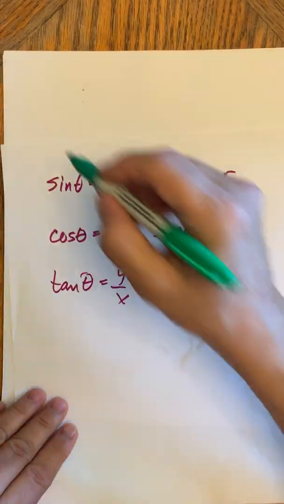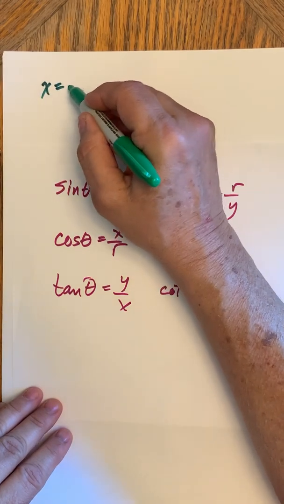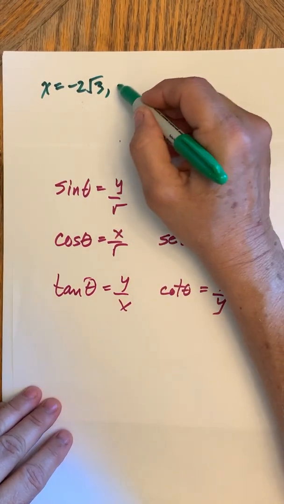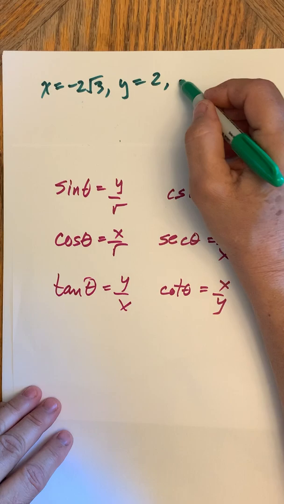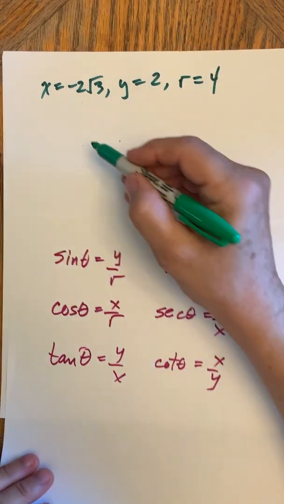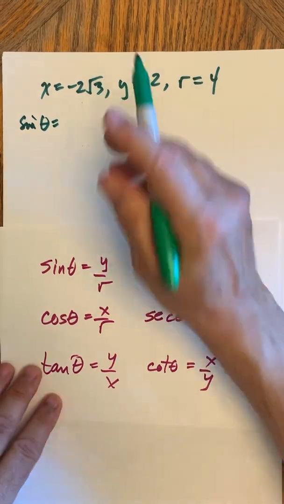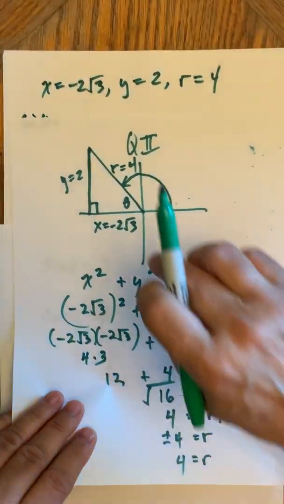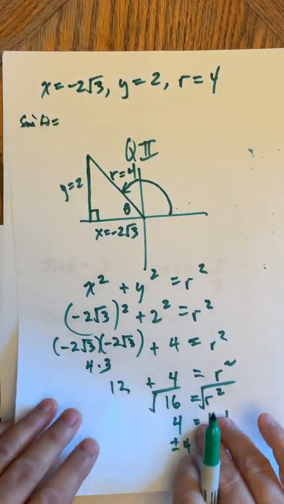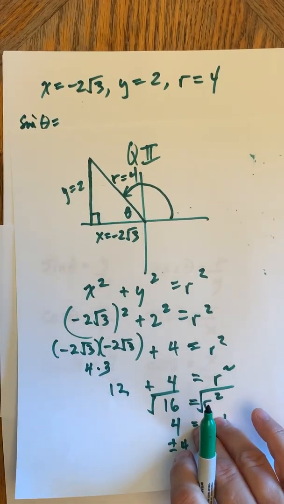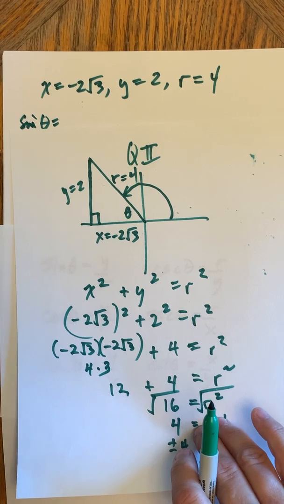So we just write that x is -2 square root 3, y is 2, and r is 4. So when I look at sine of theta, and again, theta is really something I don't know, I can still find the ratios because I know the lengths of the sides of the right triangle, so I can find the 6 trig functions.